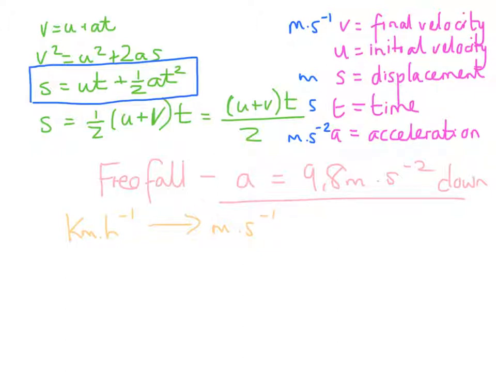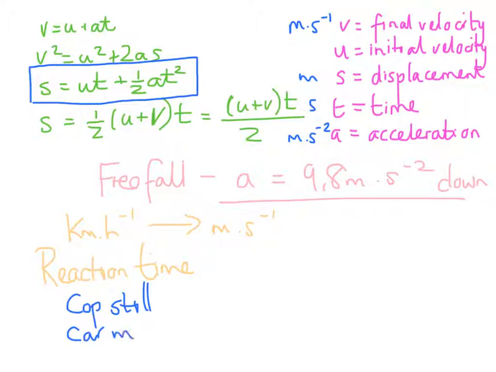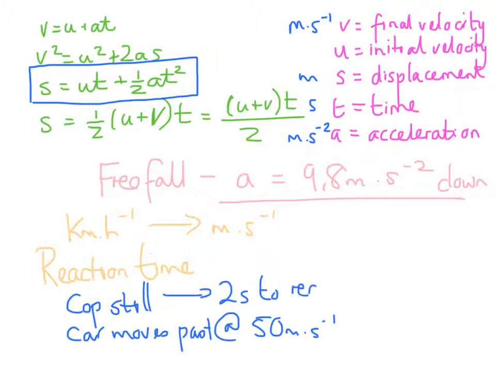Remember also in these questions that they often talk to you about a reaction time. So for example, let's say a cop is standing still while a car moves past at, let's say, 50 meters per second. It takes the cop 2 seconds to react.